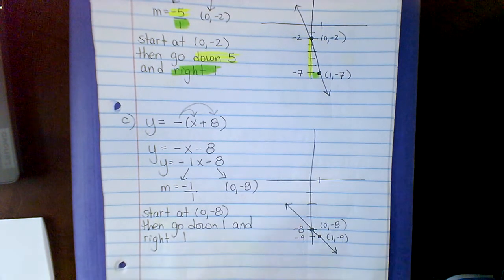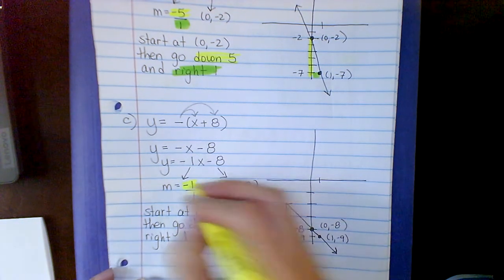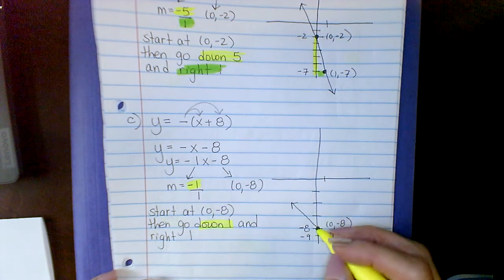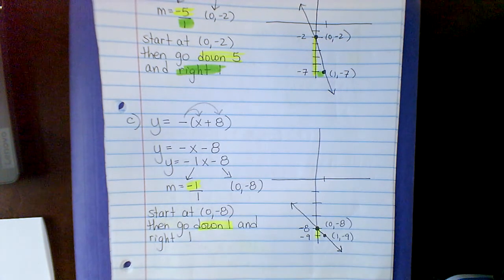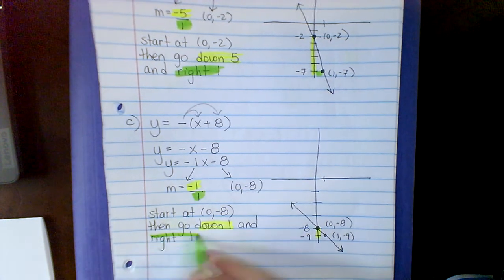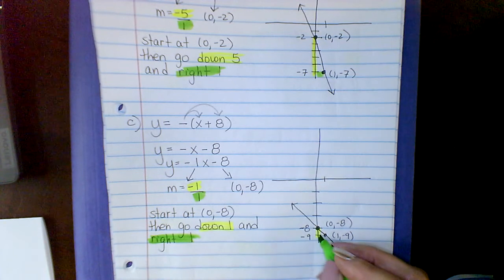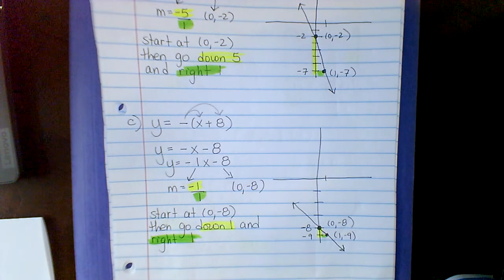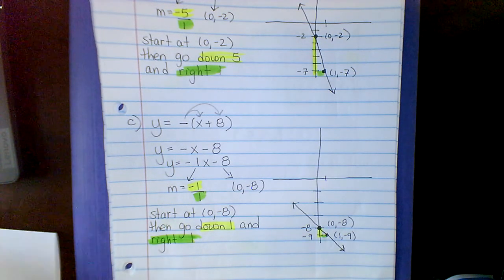We get a y-intercept of -8 down there. And you guys know the drill, right? -1 means you go down 1. Positive 1 means you go to the right 1. Boop. It's kind of hard to see that, but I feel like by now you guys are understanding.